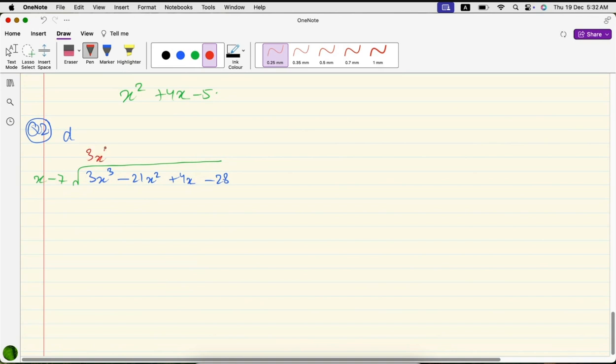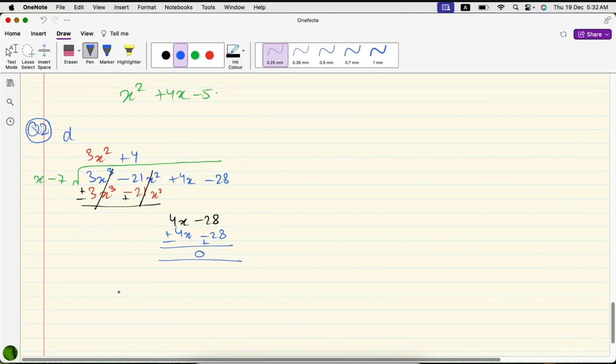So 3x squared, minus 7 times 3 is 21x squared. Signs change. We are left with 4x minus 28. To get 4x, we just multiply it with 4. And 4 times 28. Signs change, 0. The answer is 3x squared plus 4.